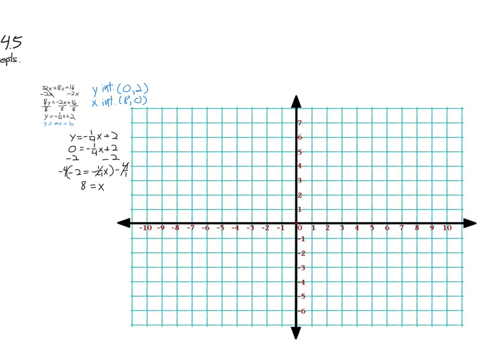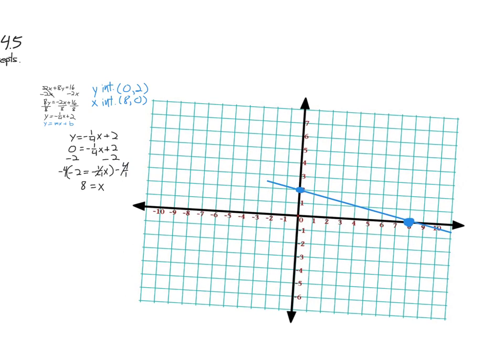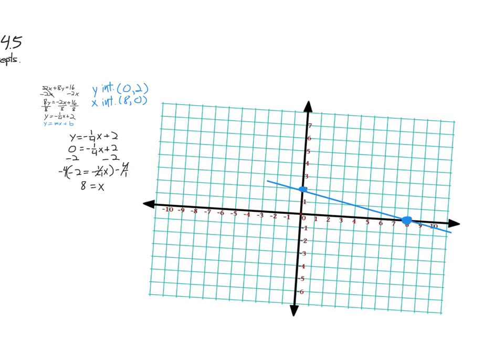My next step is to plot those points and draw my line. So my y-intercept is 0, 2, which is located right here. My x-intercept is at 8, 0, right here. And then I need to draw a line between my 2 points. Oops, let me just get that in there. There we go. And now I'm missing a few things.